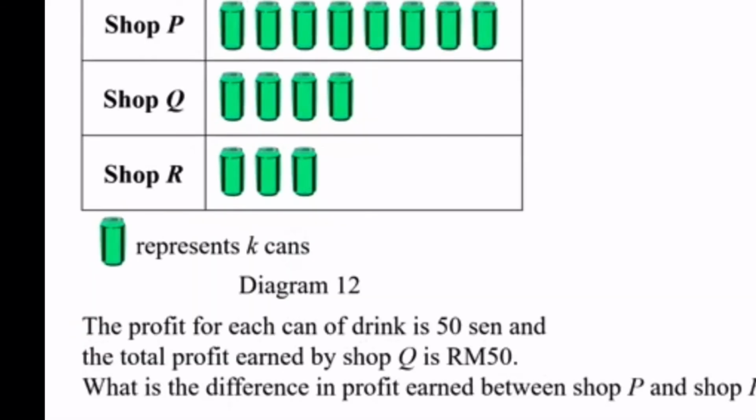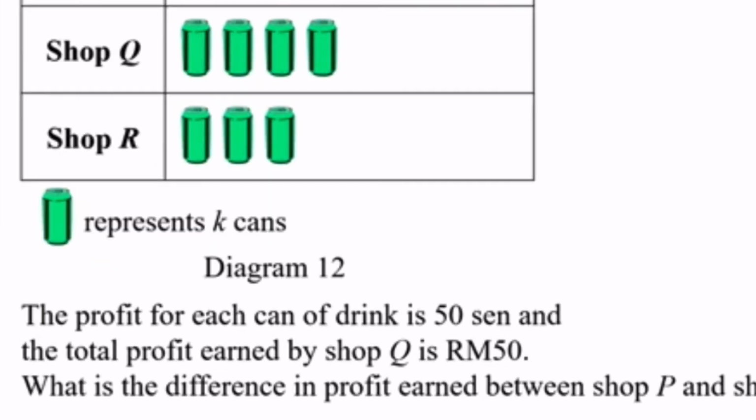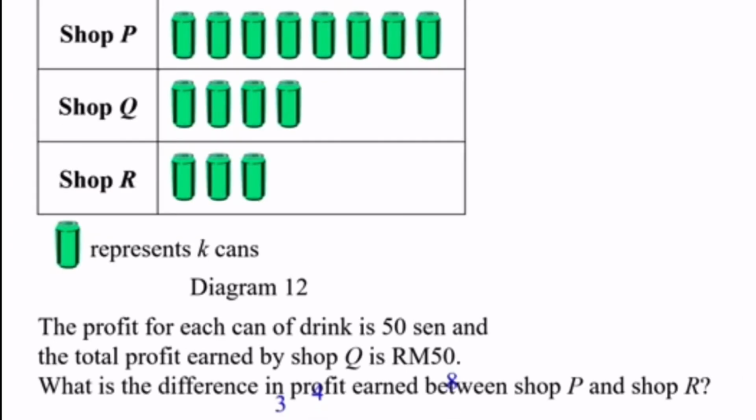And then the one of the green cans represent K. The profit of each can is 50 cents. The total profit earned by shop Q is 50 ringgit. So the question is asking what is the difference of the profit between the shop P and shop R.